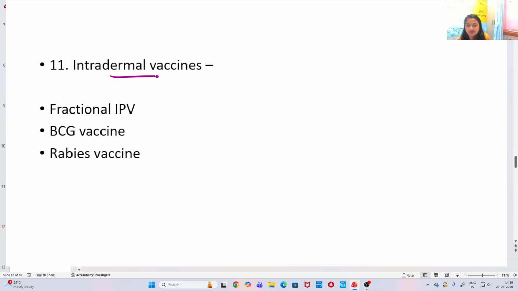Intradermal vaccines. Fractional IPV is given in the government sector, which is basically 1/5 of the dose of the injectable polio vaccine, and that is given as an intradermal vaccine. BCG, we all know it is given intradermal.